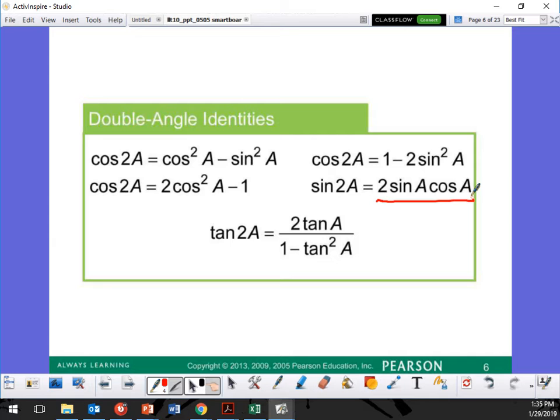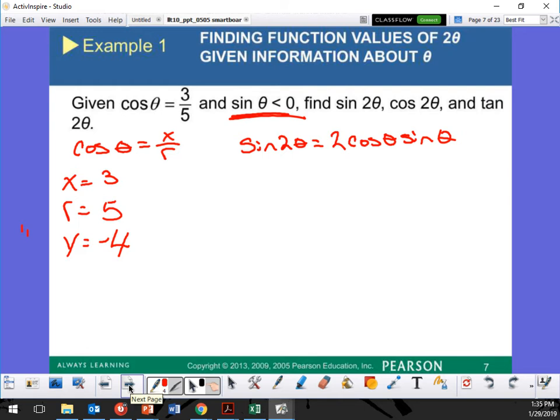Yeah? Good. So, 2. What is cosine of theta going to be? 3 over 5. What is sine theta going to be? Negative 4 over 5. What do I do with those numbers?